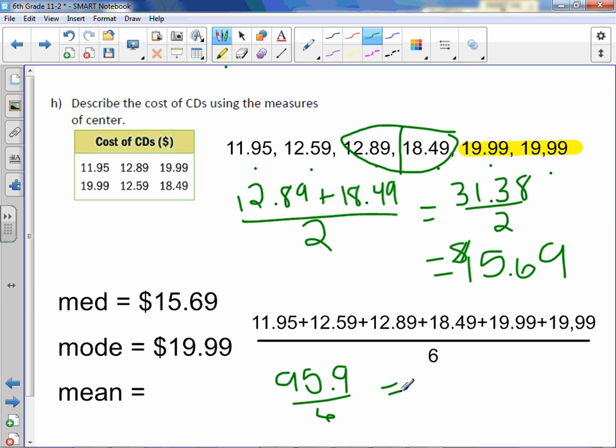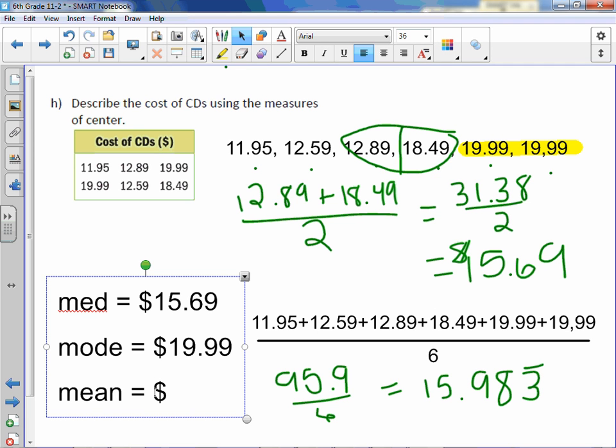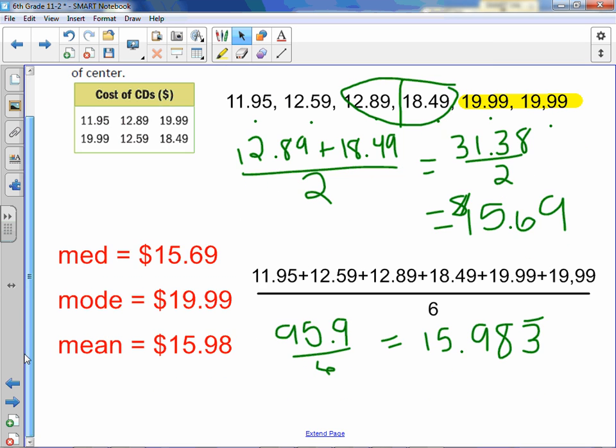Divided by 6. We get 15.983 repeating. We are talking about money, so let's round to the nearest hundredth, which is $15.98.